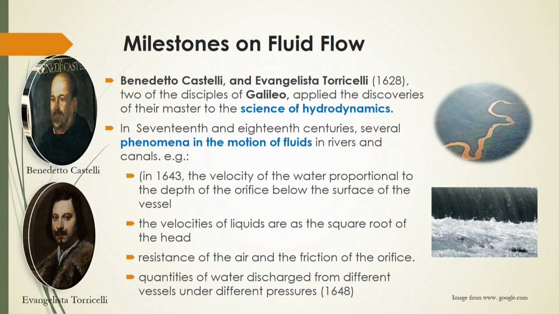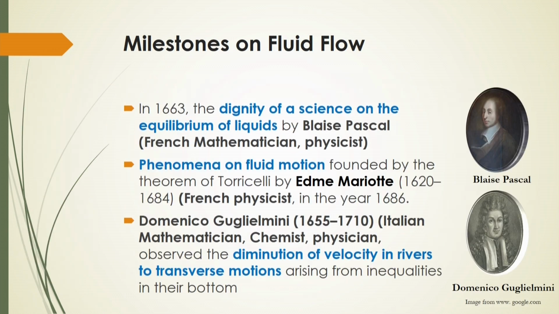So at different frictional resistances, there will be certain different pressures. Those pressures come out from the discharge, and depend on the quantity of water, how much is discharged. So this resistance gives you the amount of discharge of water or fluid coming out from the vessel. That was proposed in 1648.